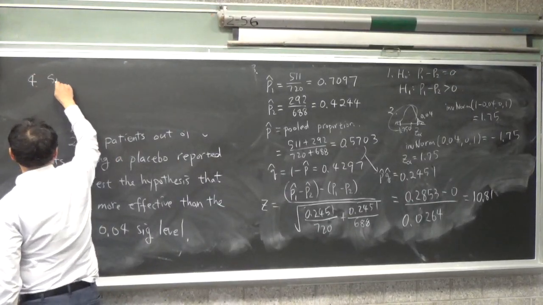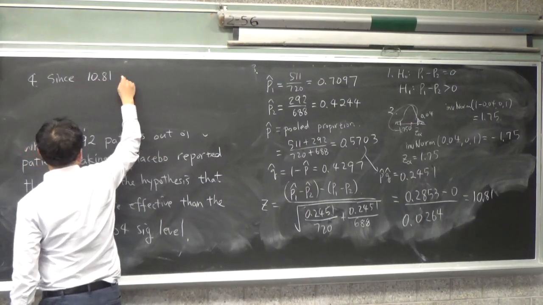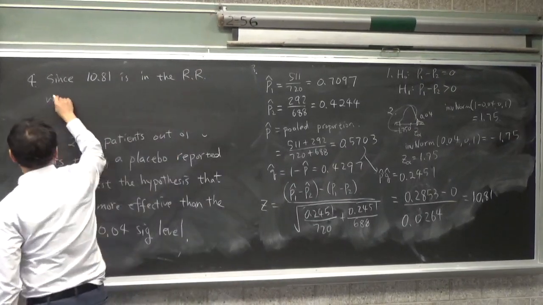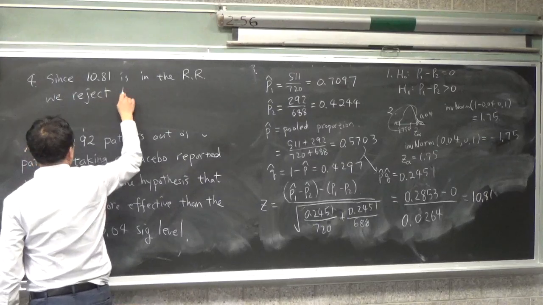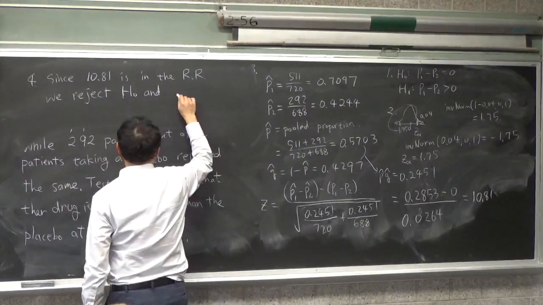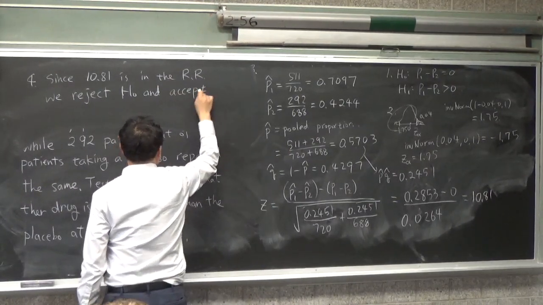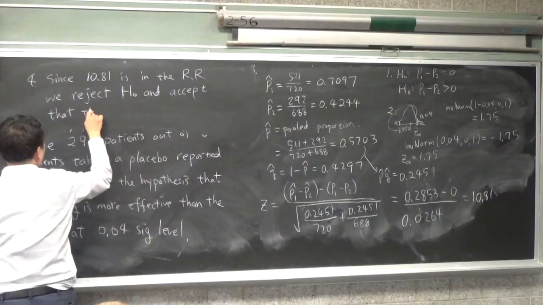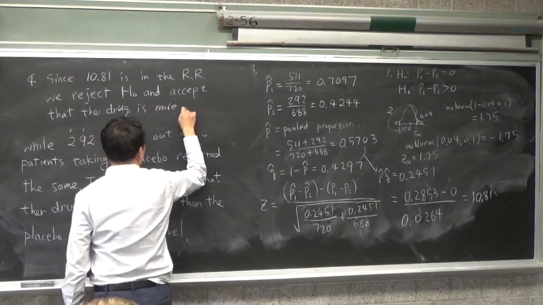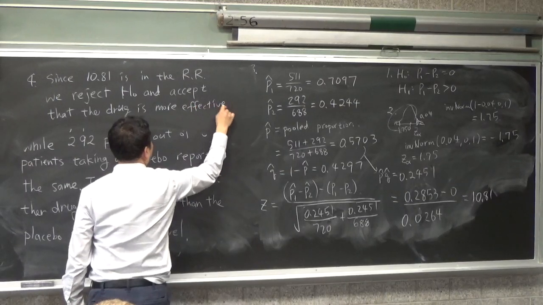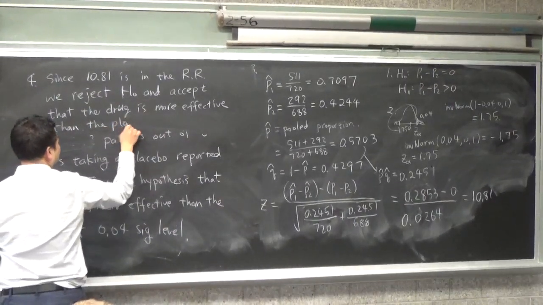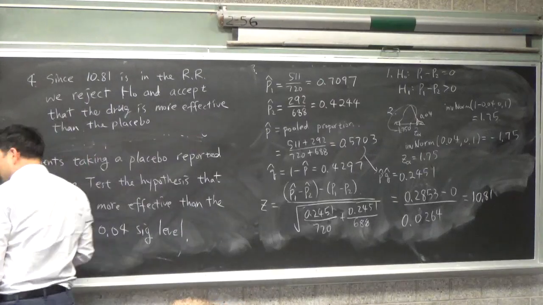First, since 10.81 is in the rejection region, we reject the null hypothesis, H0, and accept that the drug is more effective than the placebo. Okay, so that's our conclusion.